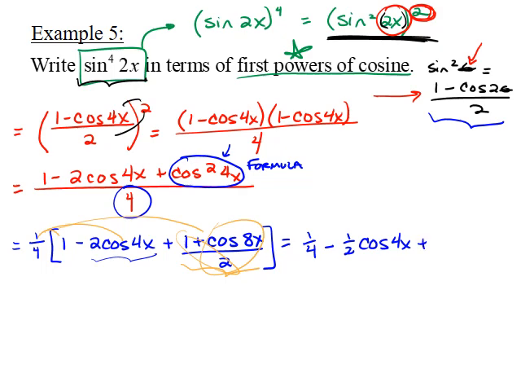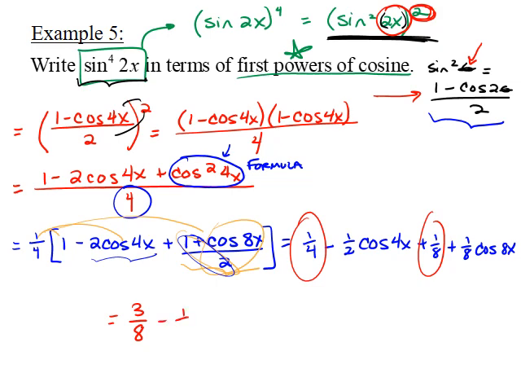Plus 1/2, so this times a fourth is 1/8, plus 1/8 cosine of 8x. Again, not touching the argument. I have a few like terms, so when I combine this, all is said and done, my final answer is 3/8 minus 1/2 cosine of 4x plus 1/8 cosine of 8x.